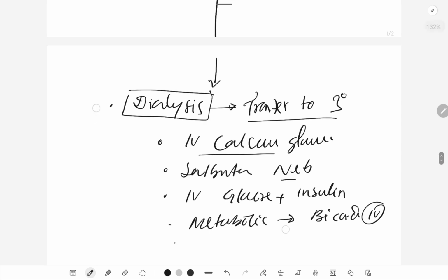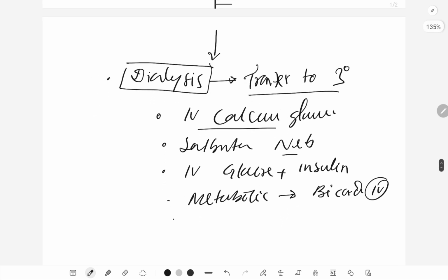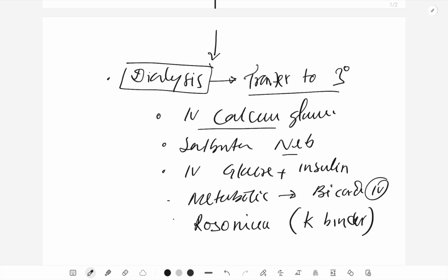And of course we will prescribe the patient a potassium binder like resonium. This is called a potassium binder. This resonium inhibits potassium absorption from the GI tract. So these are the treatments given for the category A patient, where calcium gluconate is the mainstay of management.